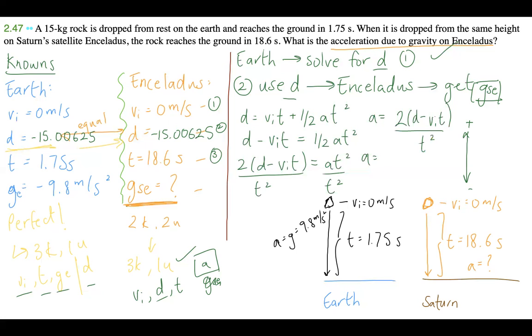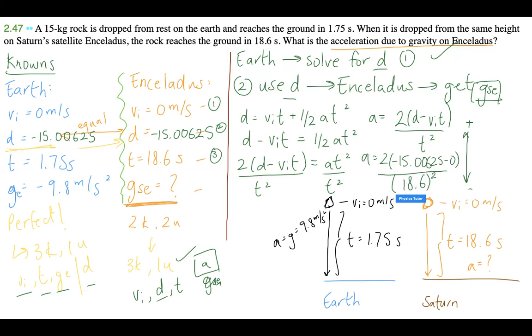So 2 times D, which is minus 15.00625, minus VI, which is 0, so minus 0. And then T squared is 18.6 squared.